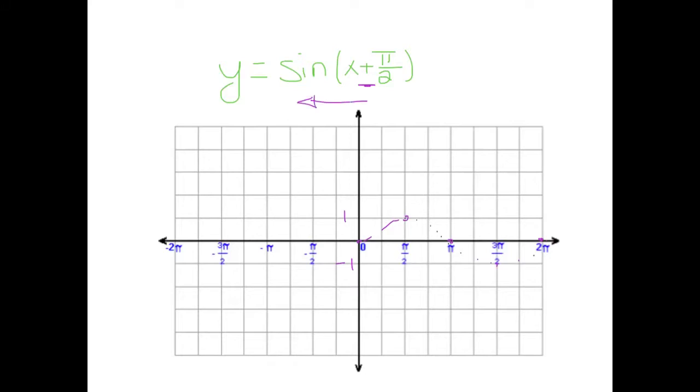Even though this is positive, remember it goes opposite, it's going to the left. We're going to shift it pi over 2, which means each one of these points is going to be shifted over pi over 2. So here, here, here, and here.